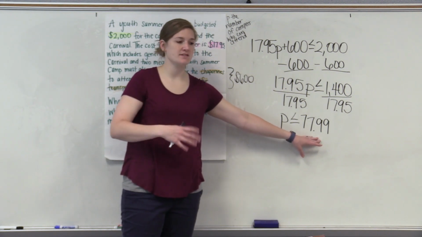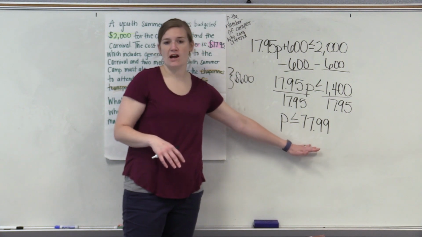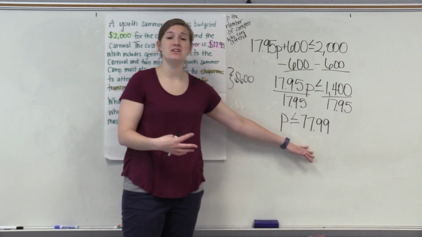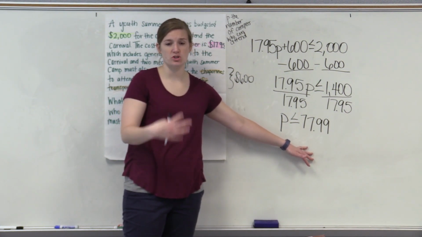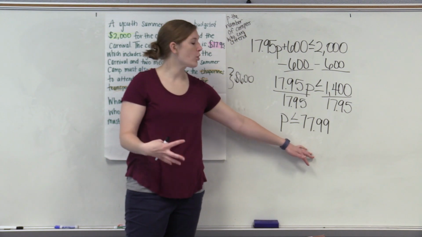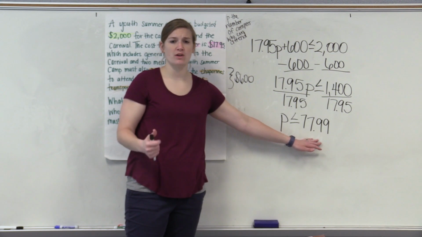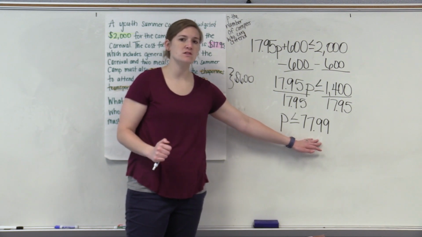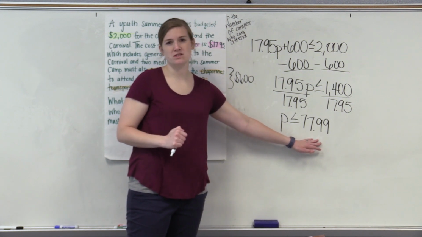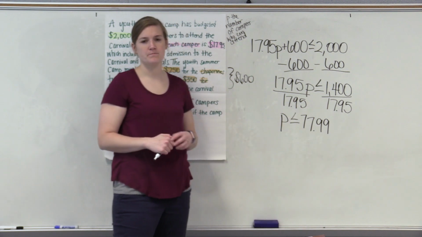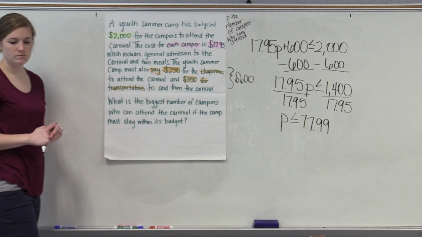So in this case, just like in the last case, we're forced to figure out whether we're going to round down to 77 campers that can attend with our $2,000 budget, or whether we're going to round up to 78 campers who can attend with our $2,000 budget. I'm going to pause for a second while you think about what makes the most sense here in context of the problem.